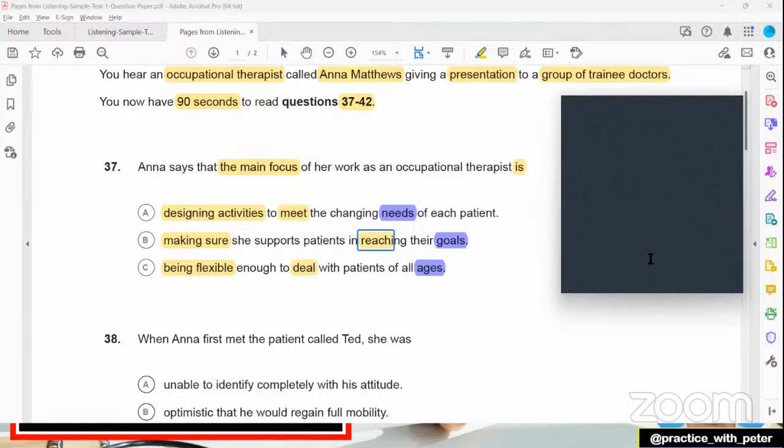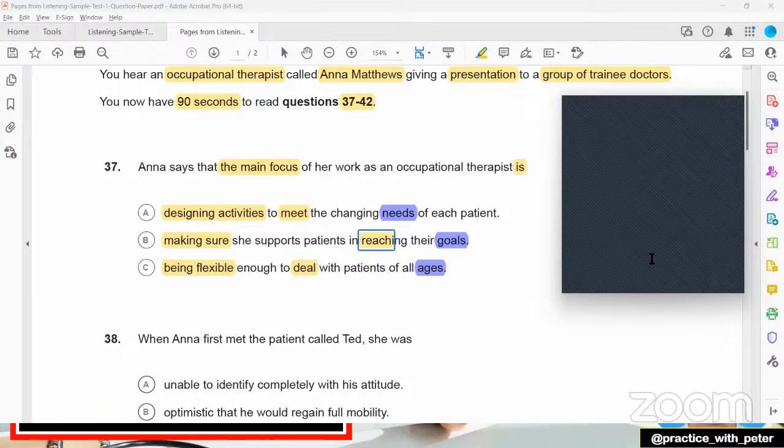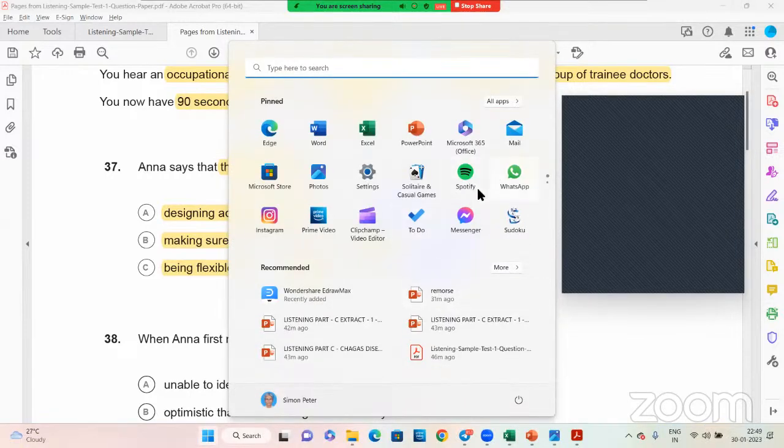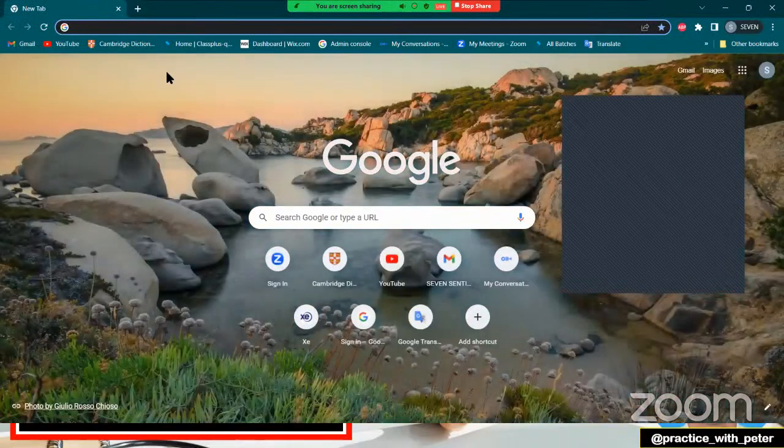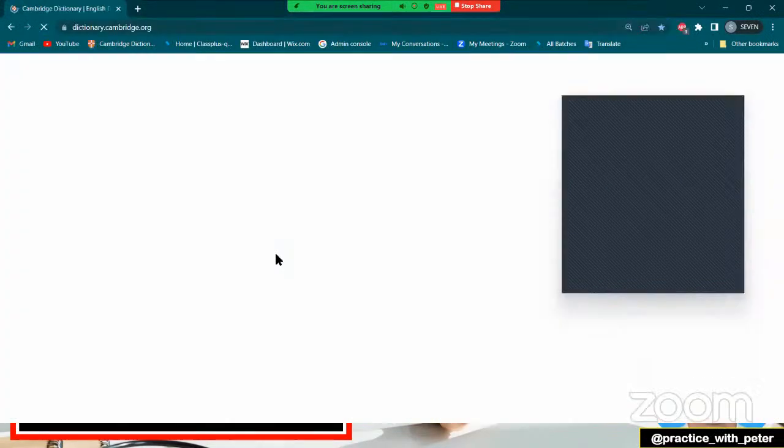Essential, want, seek, require. Yes, very good words are coming. Seek is a very good word. Let us see what is the power of this word seek.